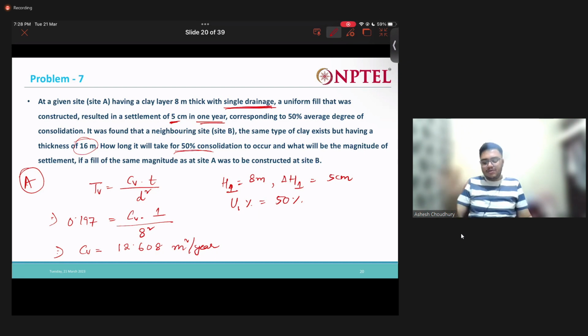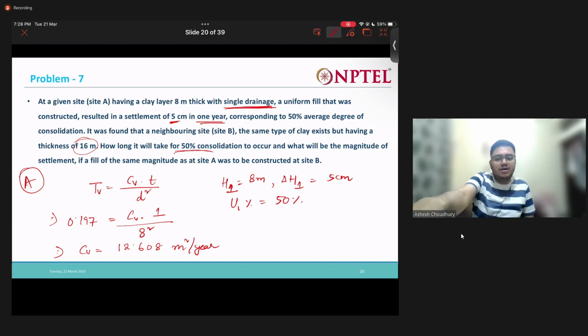The only difference between A and B is the thickness: site A has 8 meter thick layer and site B has 16 meter. If 5 centimeter settlement is occurring at site A, what will be the settlement at site B?